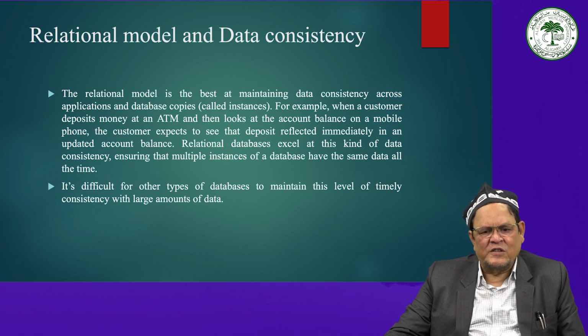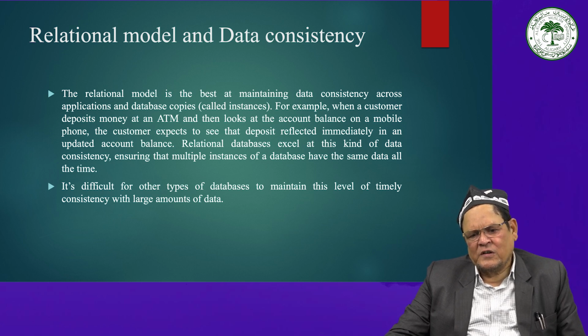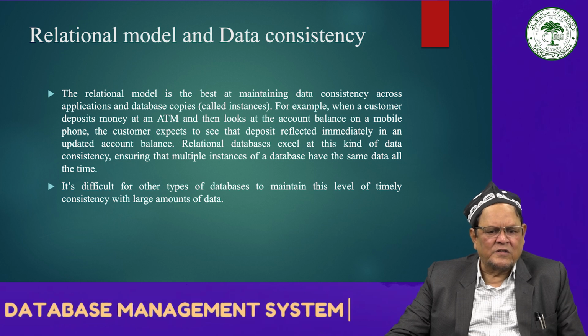Eventual consistency is acceptable for some uses, such as to maintain a listing in a product catalog, but for crucial business operations, such as shopping cart transactions, the relational database is still the gold standard.